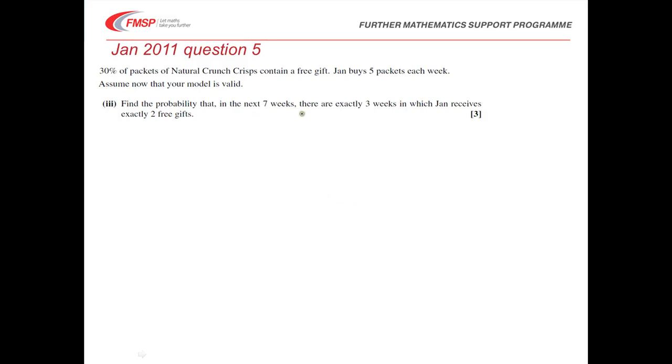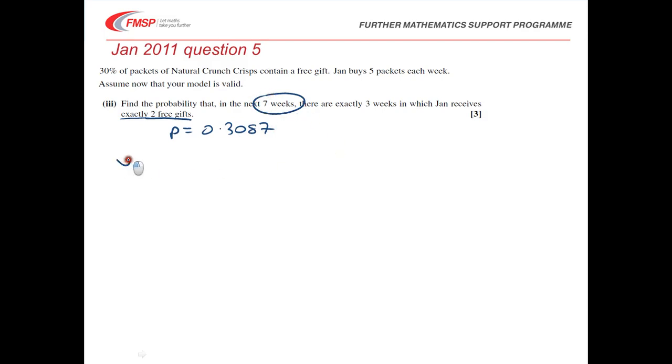Find the probability that in the next 7 weeks there are exactly 3 weeks in which Jan receives exactly 2 gifts. So here we're talking about receiving 2 free gifts. So that is the probability that we're dealing with. So the probability of getting exactly 2 free gifts was 0.3087. We're now dealing with a 7-week period.